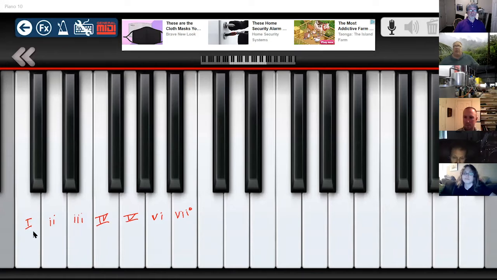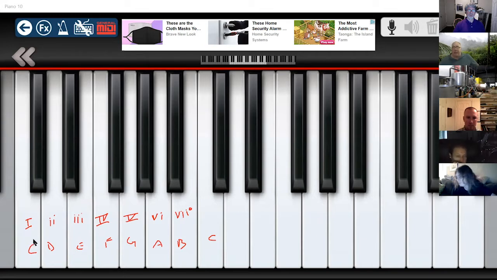The reason why these are major is because in the key of C, you would have an E natural and you would have a G natural. So this is C, D, E, F, G, A, B, and then we're back to C, right?